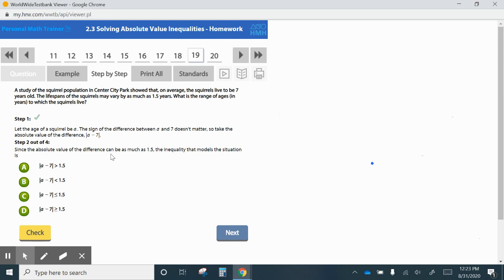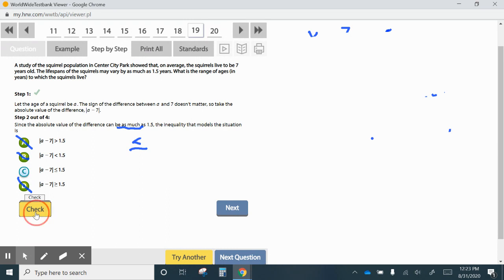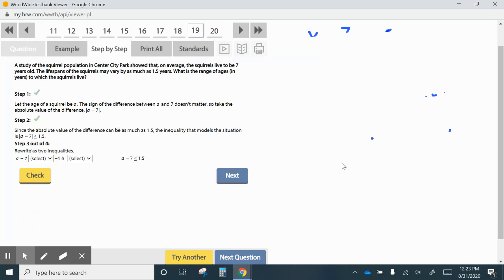Okay, now as much, we've seen this before. We know that it's less than or equal to. So it can't be D, can't be B, can't be A. Okay. Since the absolute value of the difference can be as much as 1.5, the inequality that models the situation is A minus 7 less than or equal to 1.5, remember, less than, and that is an and statement. Okay.